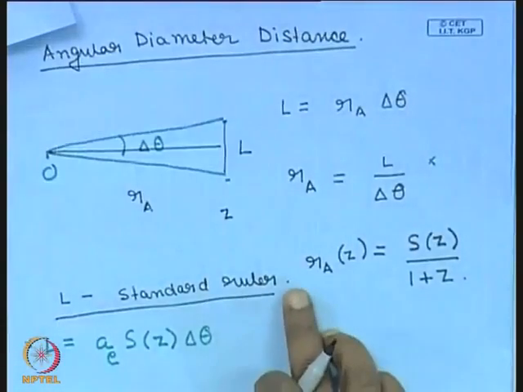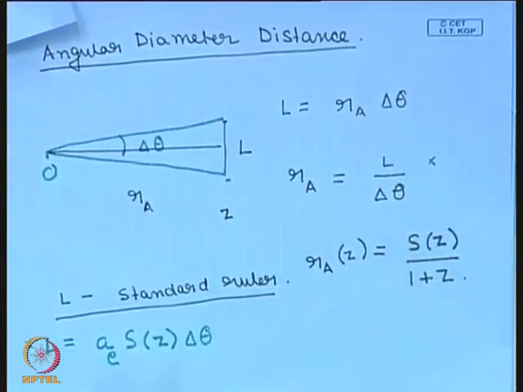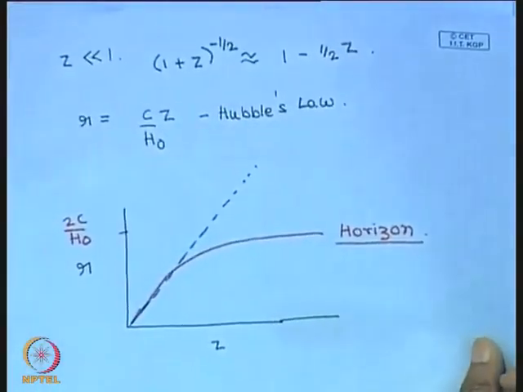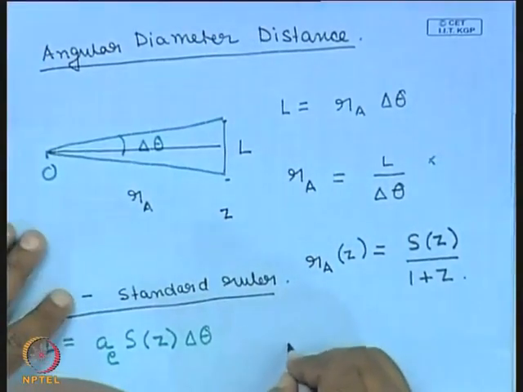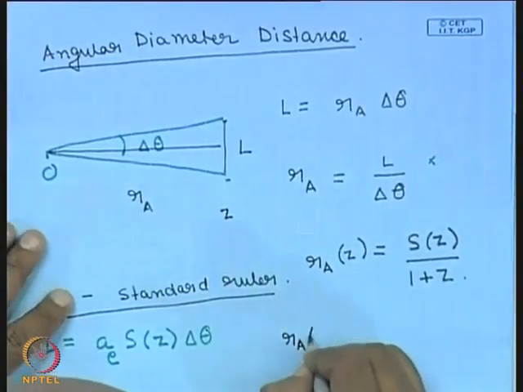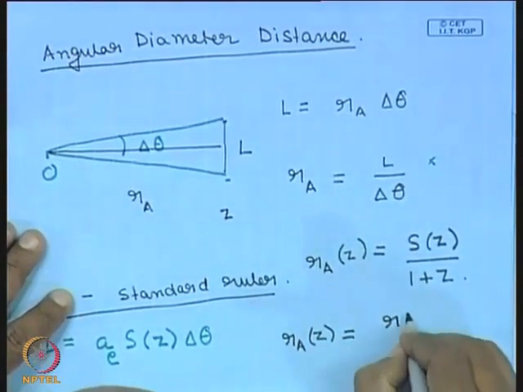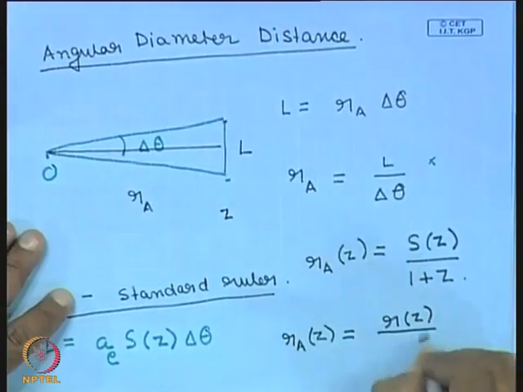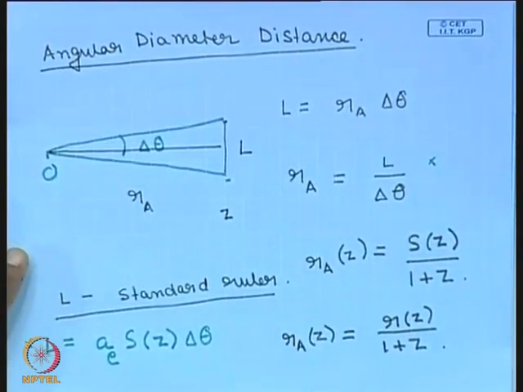In this particular model the angular diameter distance follows R A of Z is equal to R of Z divided by 1 plus Z. Okay, that is the way the angular diameter distance behaves.